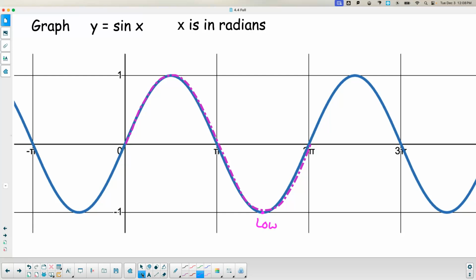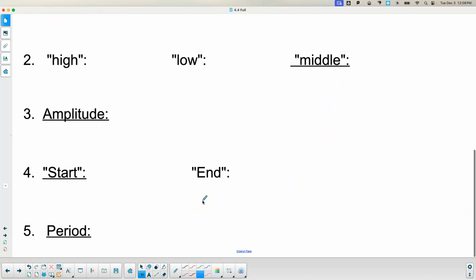What's the biggest that it gets to? +1. We call those the low and the high. So it has a high of 1, it has a low of -1.